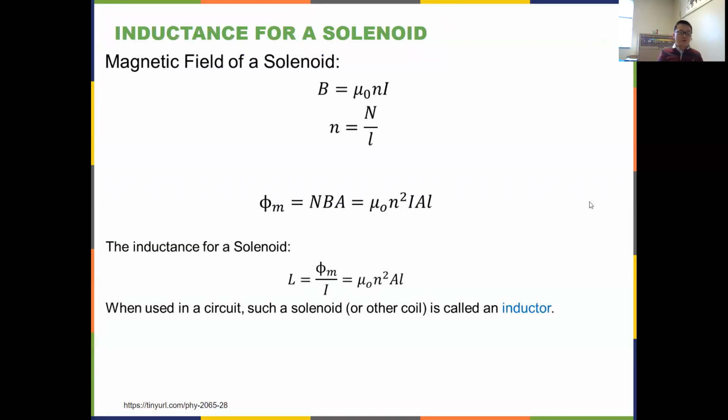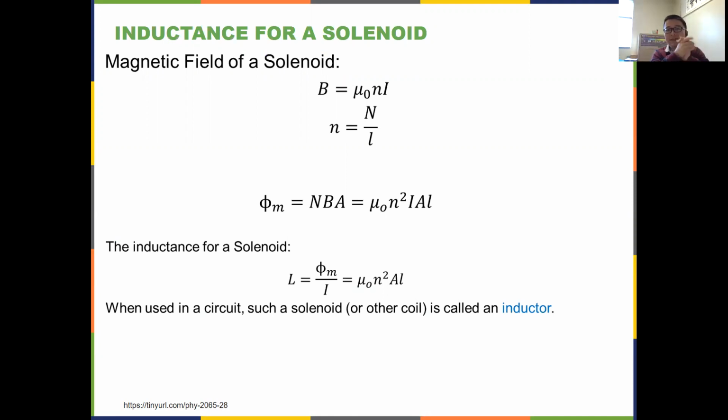Typically, when you have a coil that is used in the circuit, you have many turns of coil stacking together, and we call it a solenoid. For a solenoid, you can imagine it in a circuit with a battery, then a resistor, and then the solenoid.